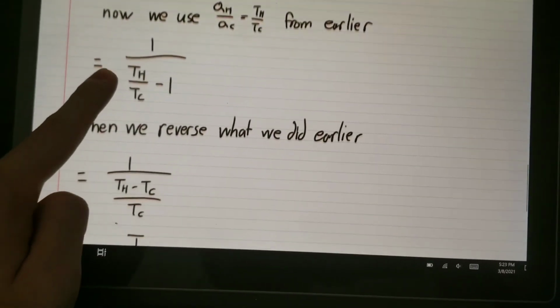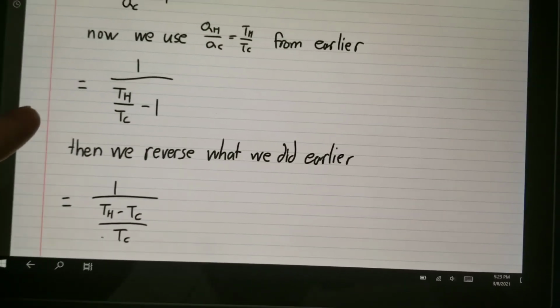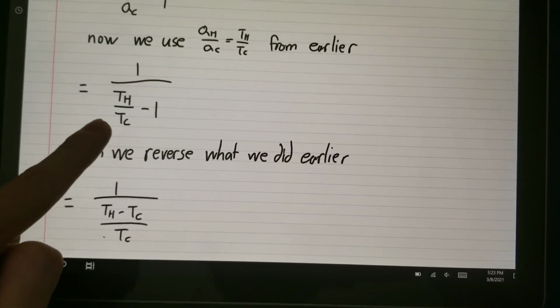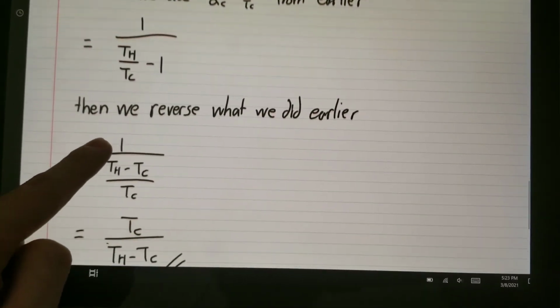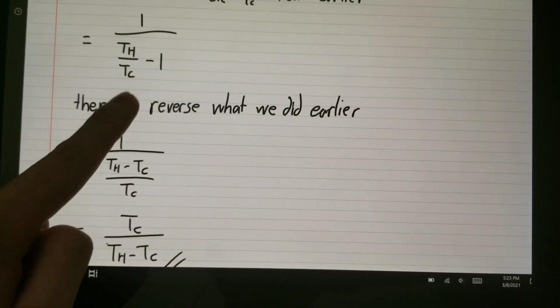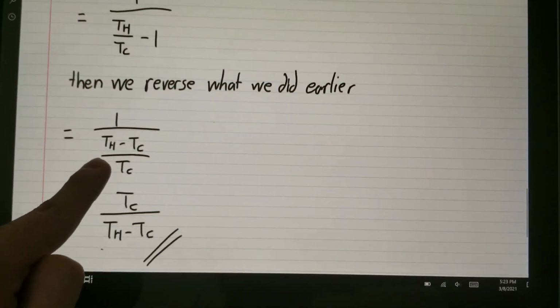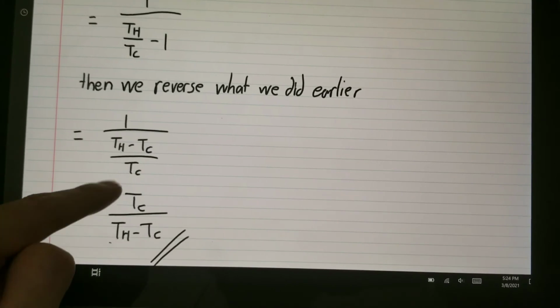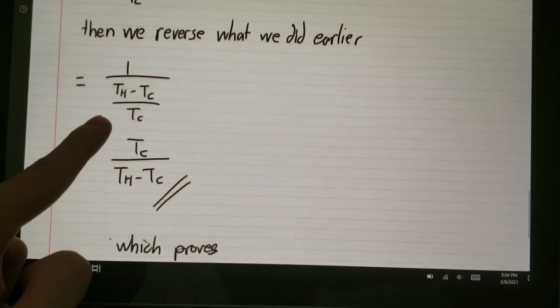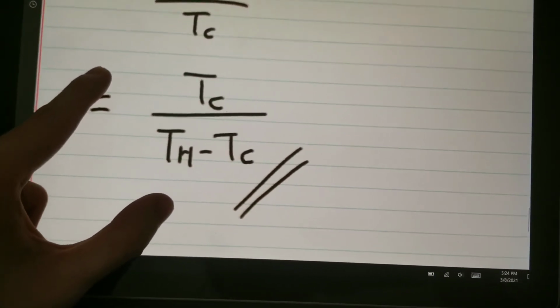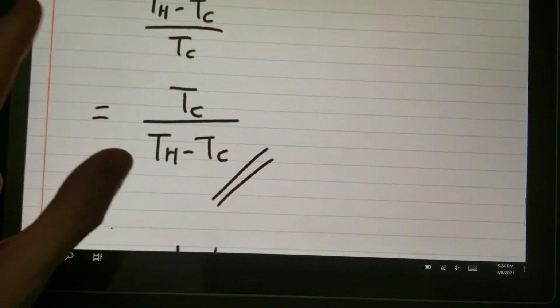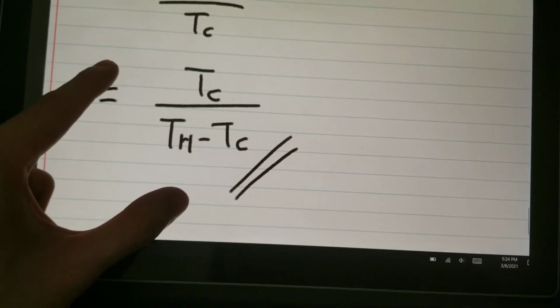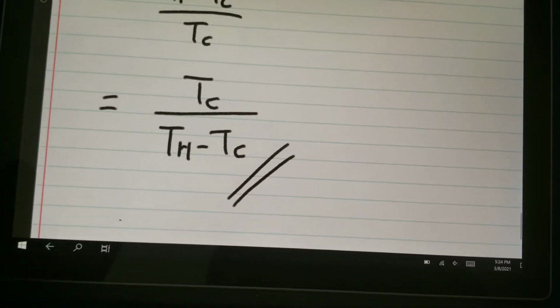So we can basically just reverse every single step that we just did earlier to get it to this form by removing the 1 by putting the TC back in the denominator before popping it back into the numerator. And would you look at that? We just proved that K Carnot is equal to TC over TH minus TC.